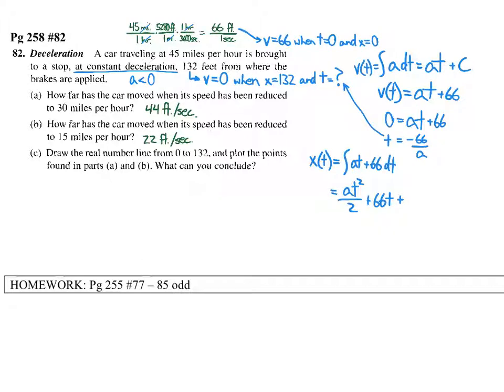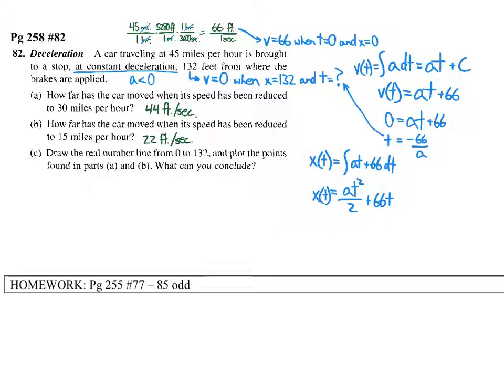What's the starting position? It's 0. The starting position is 0, so I know x of t is simply at squared over 2 plus 66t. Does that make sense?